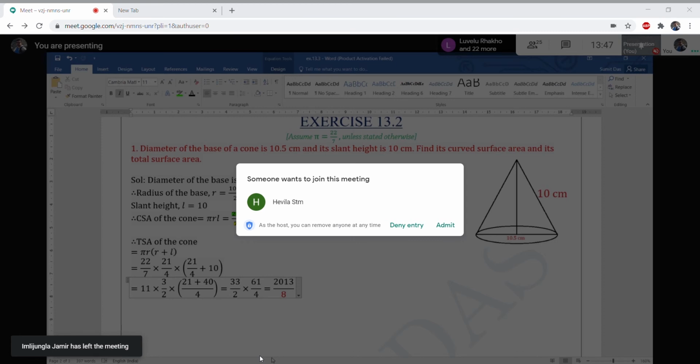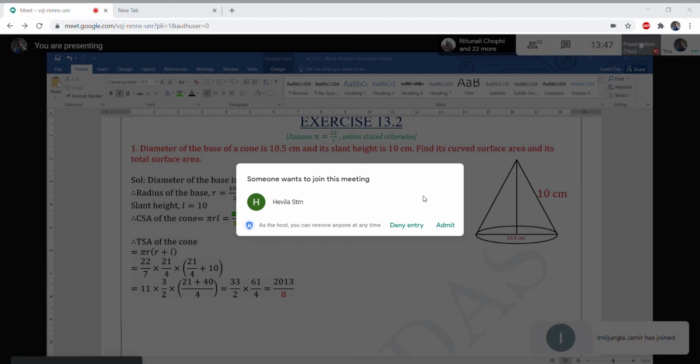If you simplify more, you will get the answer 251.625 centimeter square.